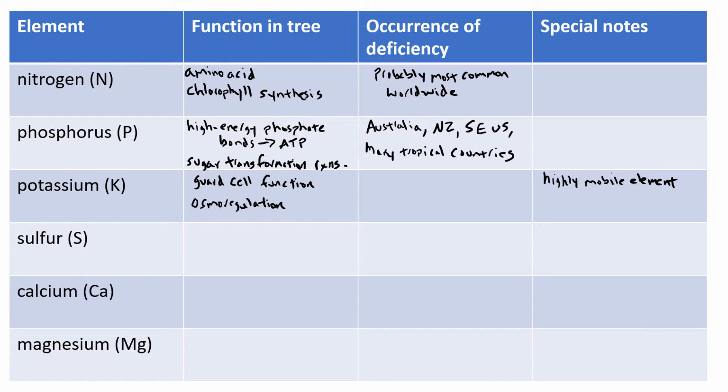And for that reason, when we see deficiency of potassium show up on leaves, deficiency symptoms tend to appear first on old leaves.